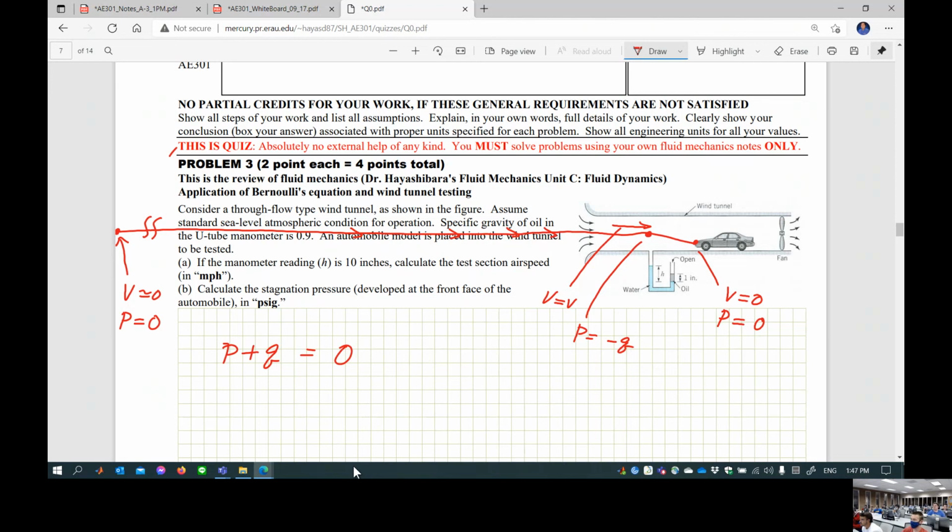So this is how this blow-down wind tunnel operates. By turning the fan, you create a vacuum inside of the wind tunnel that draws the air in. What is the highest possible pressure inside of the wind tunnel? 0, of course, because that's the total pressure you can produce.